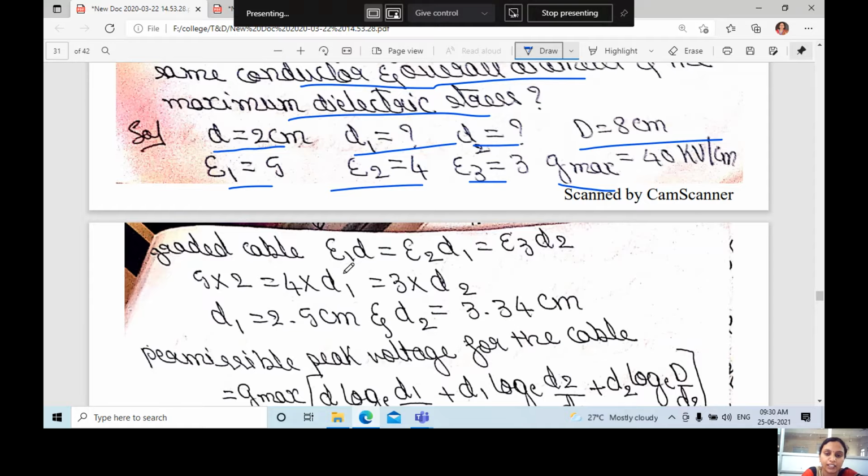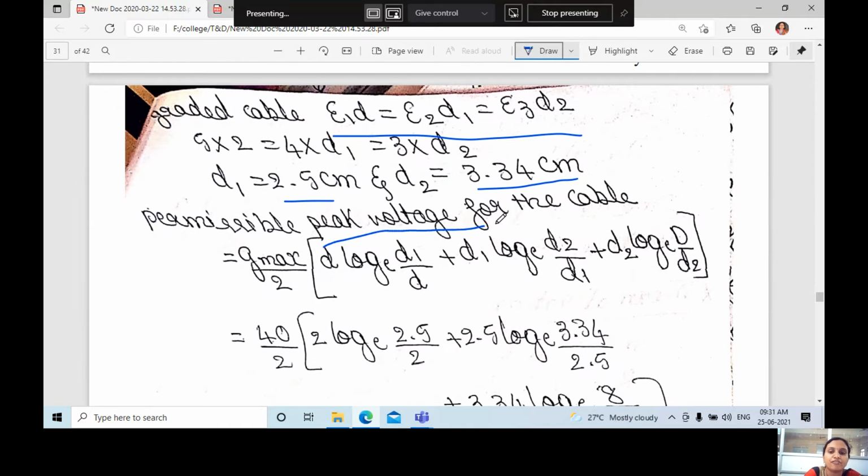These three are equated. From this, 5 into 2, 4 into D1, 3 into D2. We don't know the value of D1 and D2. D1 you'll get 2.5 centimeter, because 10 divided by 4 is 2.5 centimeter. Next, D2 is 10 divided by 3, you will get 3.34 centimeter.